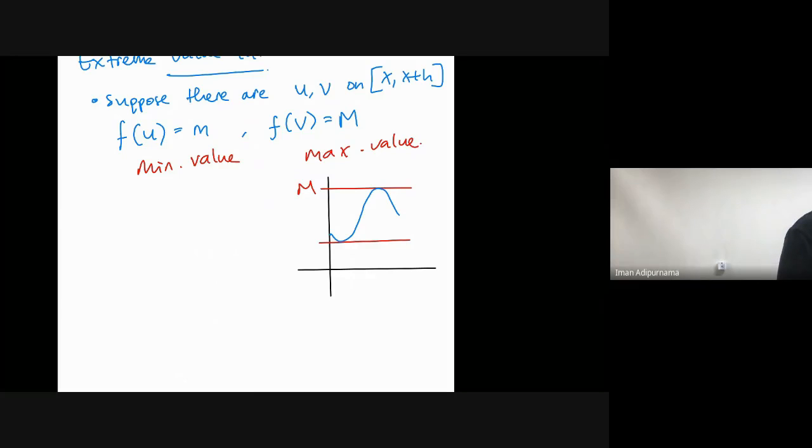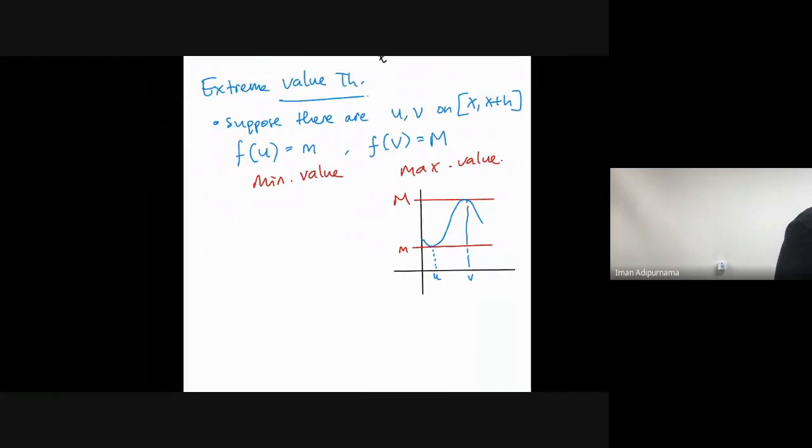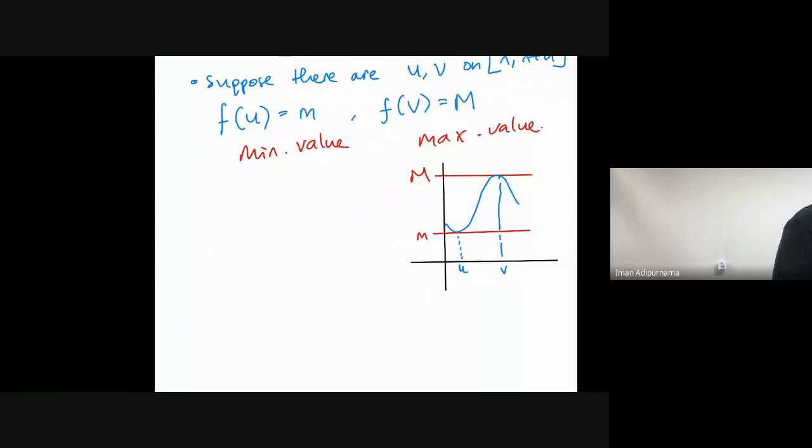So this is big M, this is small m, and this is u, this is v. So small m is our minimum value and the big M is the maximum value. Our function is in between those two values.